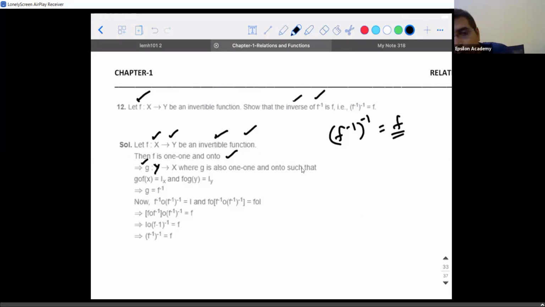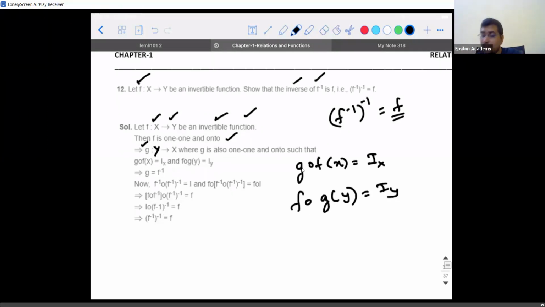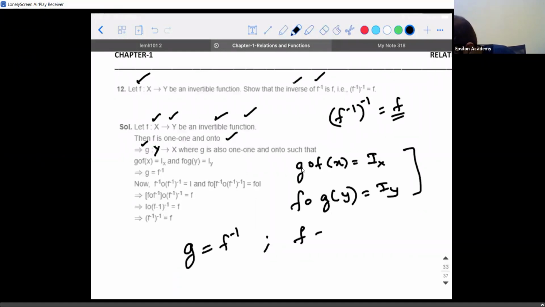Then by definition, g circle f of x will be equal to I of x and f circle g of y will be equal to I of y. If these two conditions are satisfied, then g can be called f inverse and f can be called g inverse.